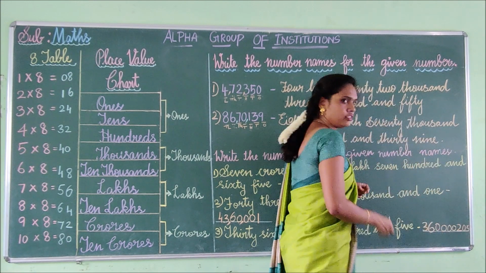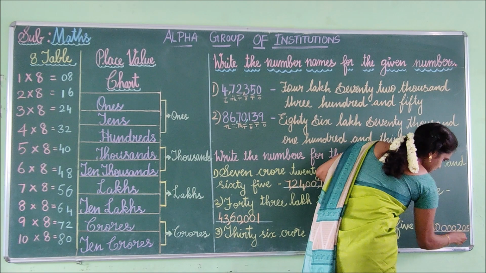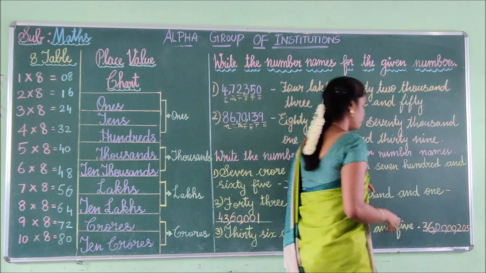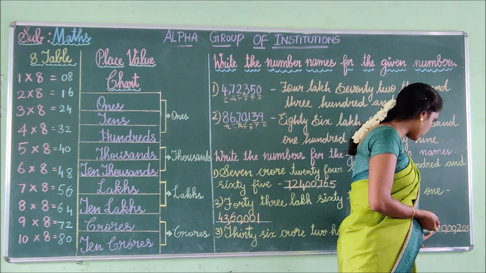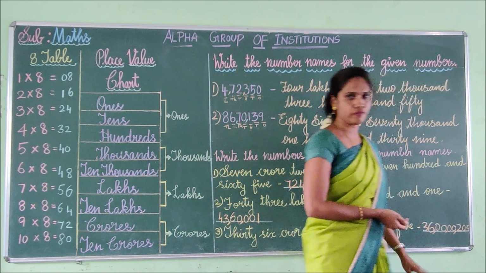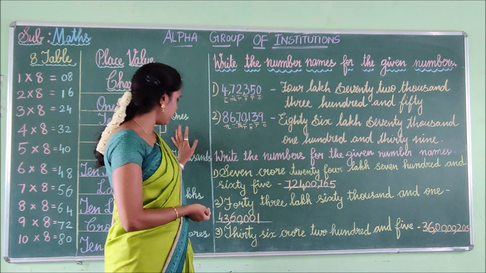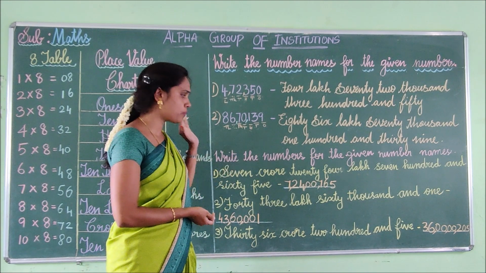Okay children? Yes, now we can put commas: before 3 numbers, then 2 numbers and then 2 numbers. So this can be read as 36 crore 205. Have you understood now? This is very important, children. While writing the numbers also you should be very careful.